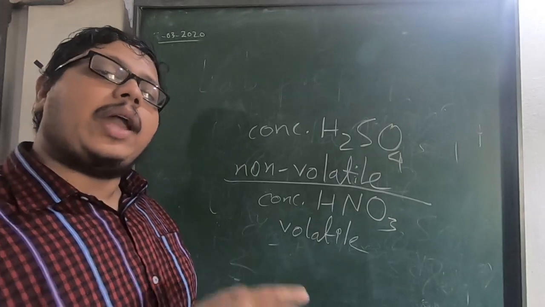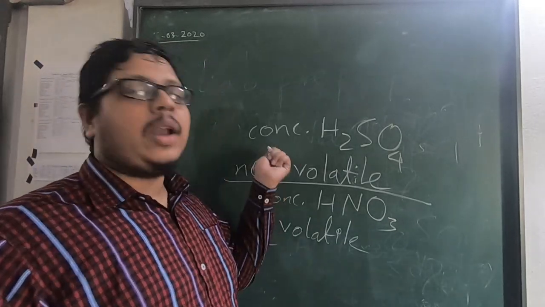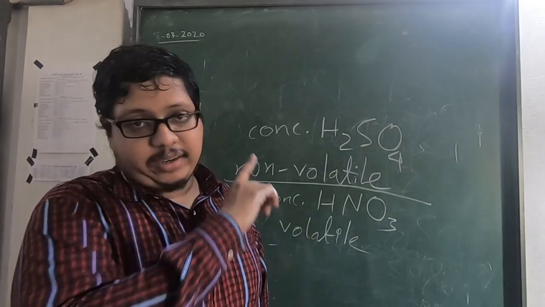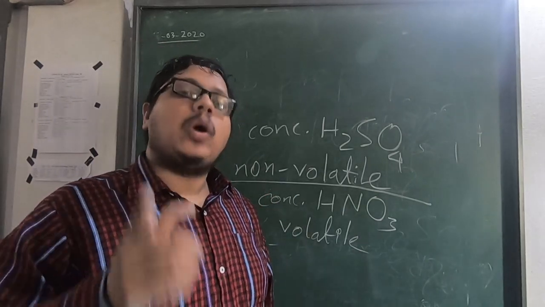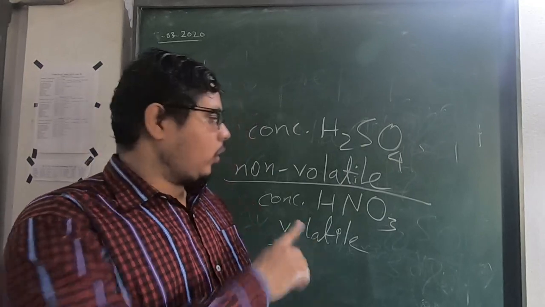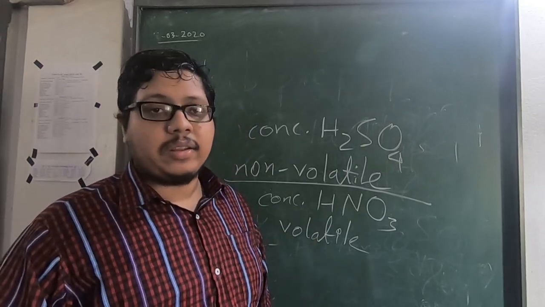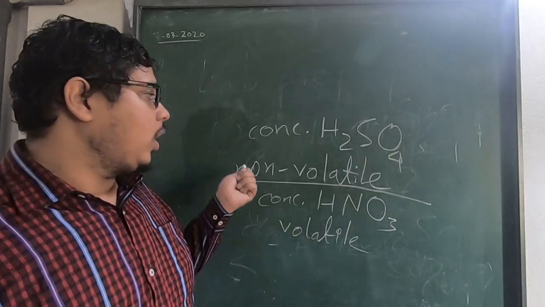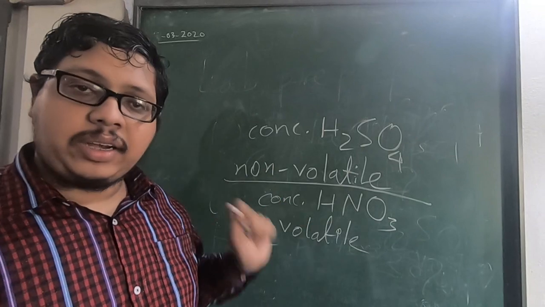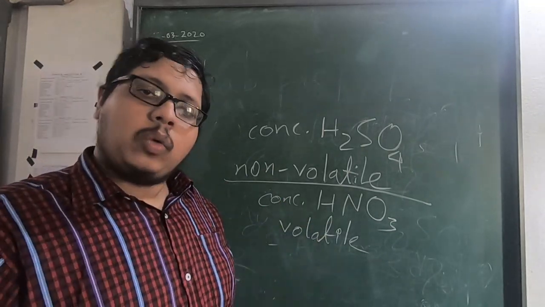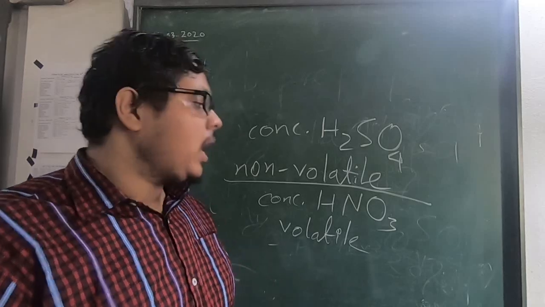So we take a non-volatile acid, that is our concentrated sulfuric acid. We use concentrated sulfuric acid. What we don't use is concentrated nitric acid. What is the reason? The reason is simple. If we use concentrated nitric acid instead of concentrated sulfuric acid, we will get HCl.